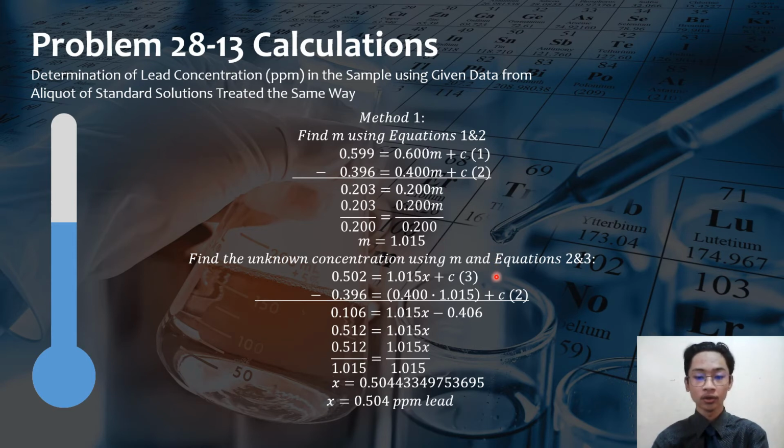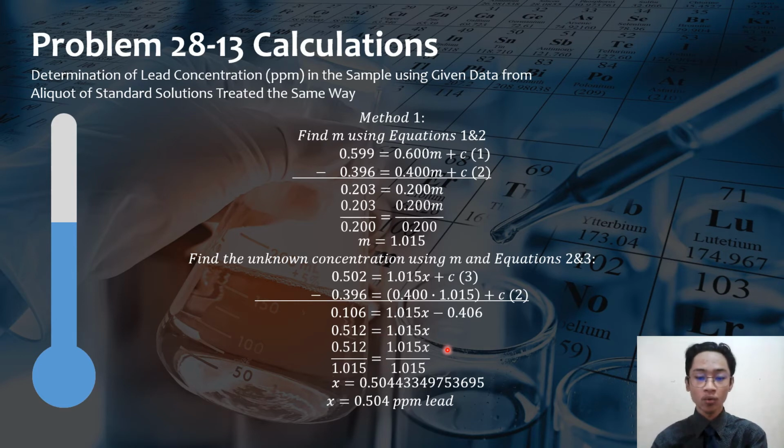Now subtracting the third equation to the second equation with the value of m, substituting it into the equations, we get 0.106 is equal to 1.015x minus 0.406. Now transpose 0.406, we get 0.512 is equal to 1.015x.